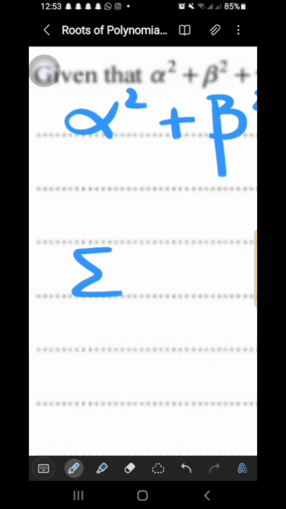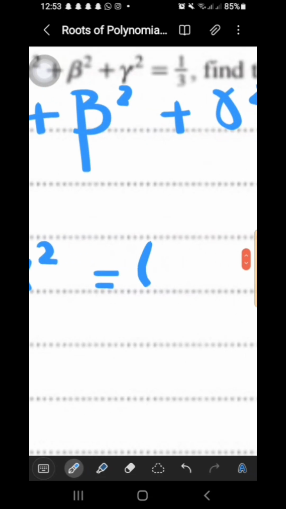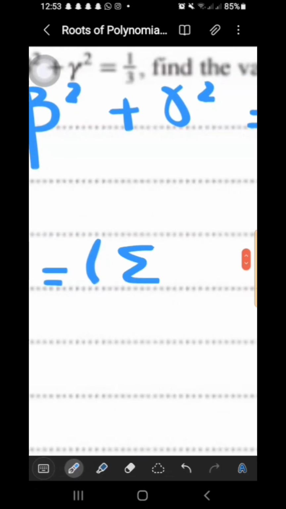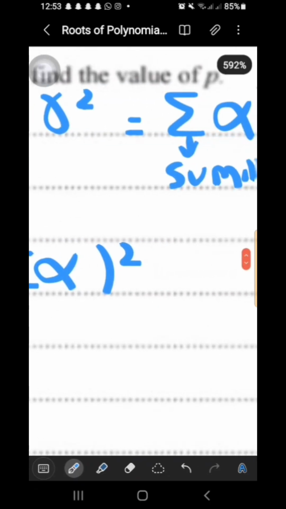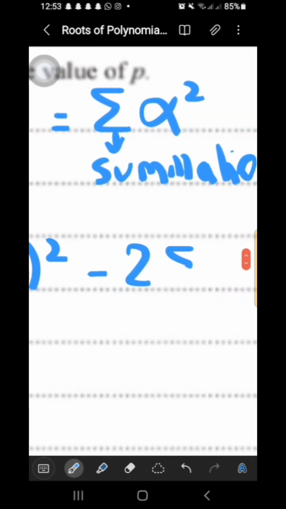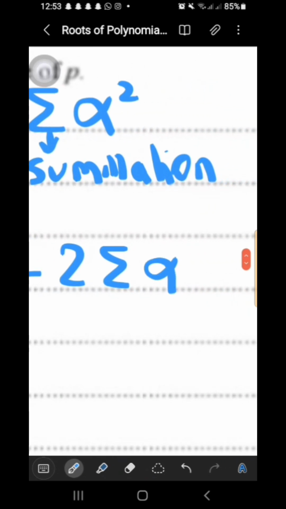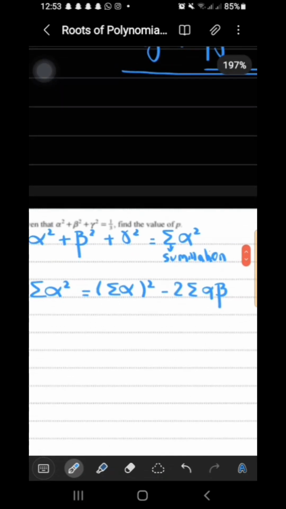The summation of alpha square is equal to, in the bracket, the summation of alpha and the whole square, minus 2 summation of alpha beta. It is asking for the value of p.